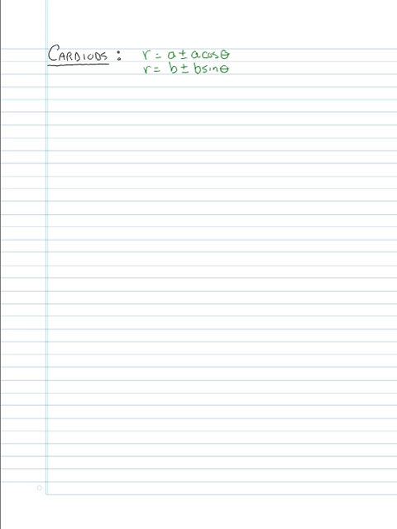So examples would be, of course, r is equal to 5 plus 5 times cosine theta, or sine theta. Or we could have r is equal to 5 minus 5 times sine theta. Or r is equal to 3 plus 3 times cosine theta.